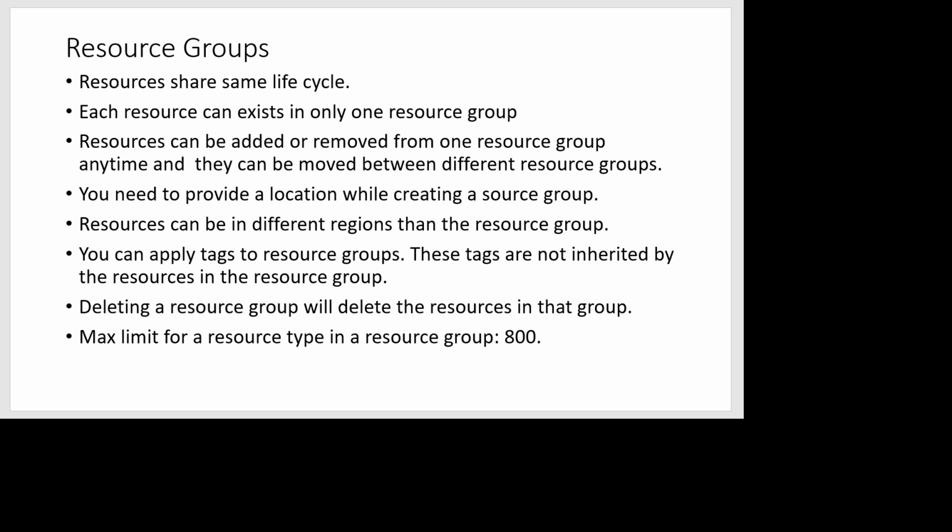The resource group region contains the metadata that is needed for the resource group, and you might have some compliance rule that enforces you to have the data in a particular region. As I already told you, resources can be in a different region than the resource group.